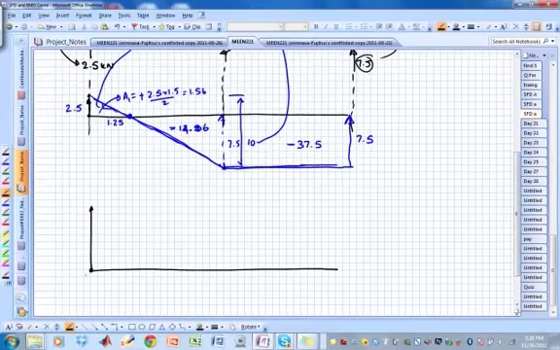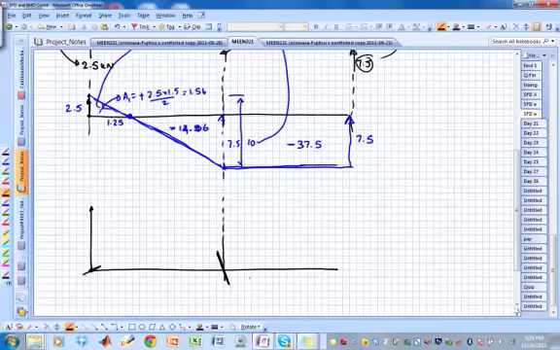So it starts out initially at a slope of 2.5, and it ends up here with a slope of minus 7.5. You can see that the parabola is going to look like that. Okay, that's going to be the shape of the parabola.